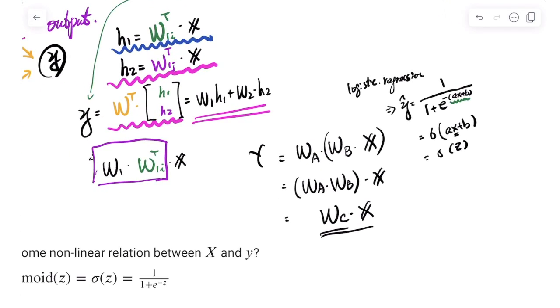So that is your input layer, and that is your first weight. You multiply your input layer and your first weight, and that gives the values of your hidden layer.